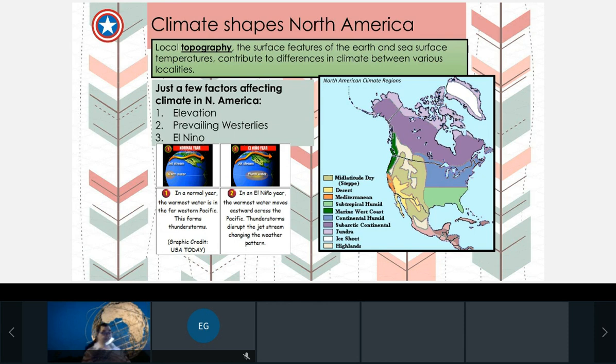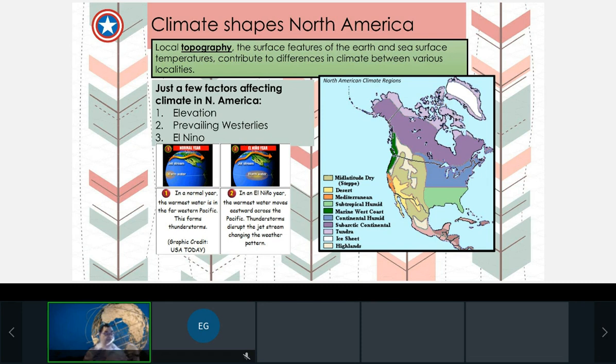Good. And that's exactly what we're talking about here. A few factors affecting the climate of North America: 1, elevation; 2, the prevailing westerly winds; and 3, El Nino. El Nino is something that happens in the Western Pacific, and thunderstorms form, and you start to get the warmest water in that far Western Pacific.